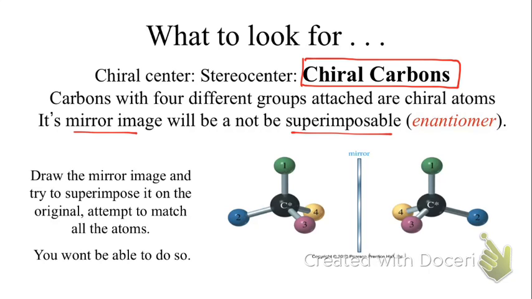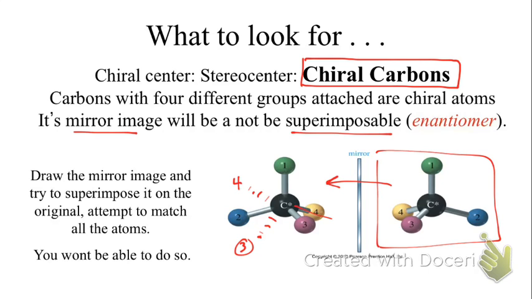Okay, so if we take a look at the example in our lower right hand corner, if we just try and copy that right structure over, pick it up and shift it on top, you'll notice that if we drew this on, we've got carbon 4 going back here, carbon 3 over here, and carbon 2 there.